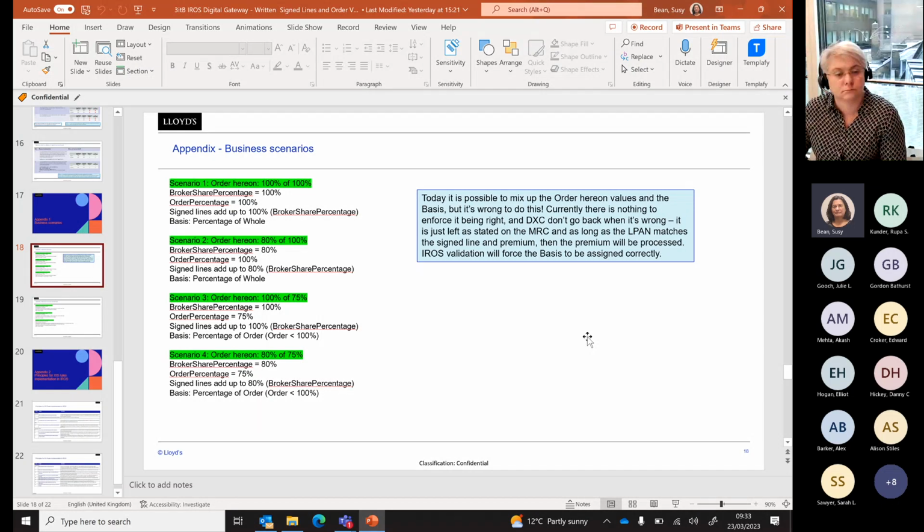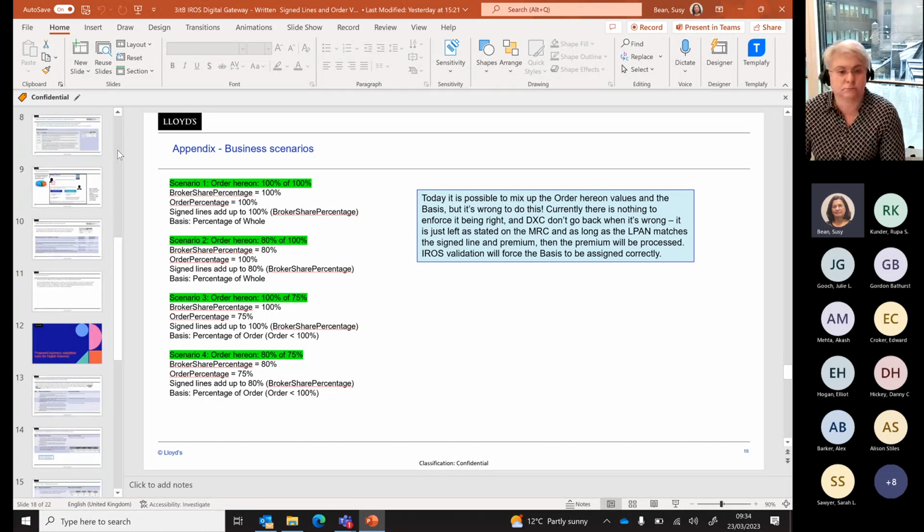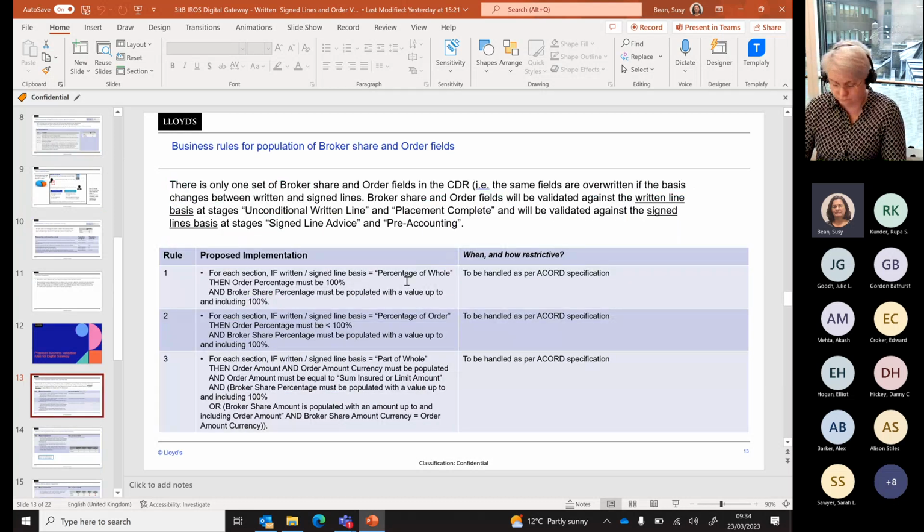But what will happen now is the validation, it says here IROS validation, but in fact it will be the Accord validation, will force the basis to be assigned correctly. So the point of those rules is to make sure that the way the broker share and order fields have been populated matches the basis that's been given.